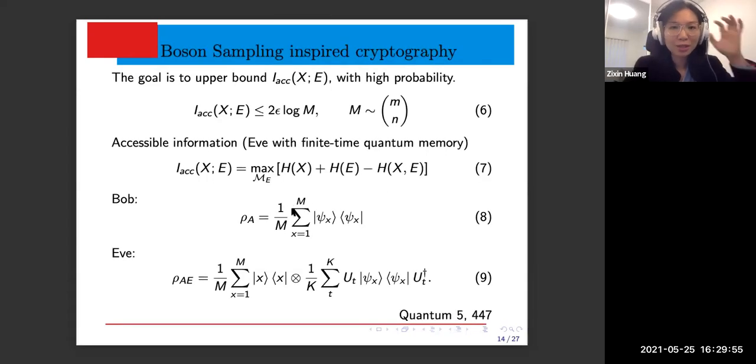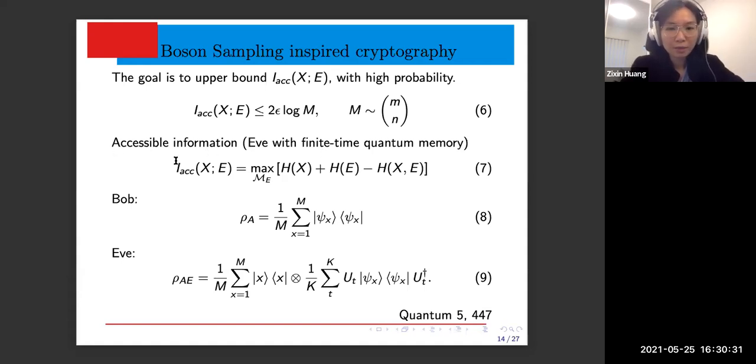So now we're ready to talk about this security proof. The goal here is to upper bound the accessible information between Alice and Eve with high probability. So what that means is that you want to bound this quantity to within epsilon, where epsilon is a very small number, and you want the protocol to not fail with high probability.